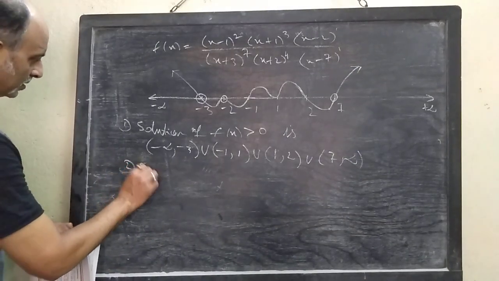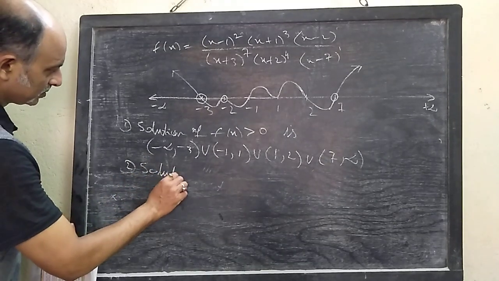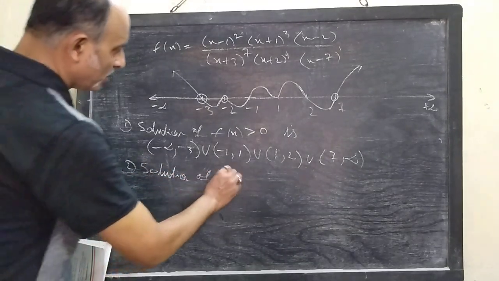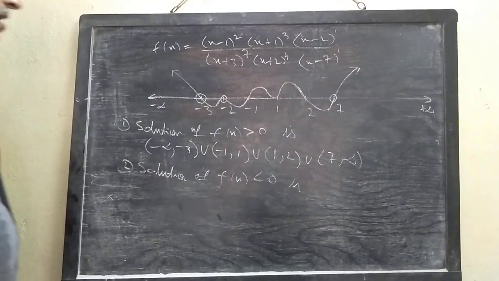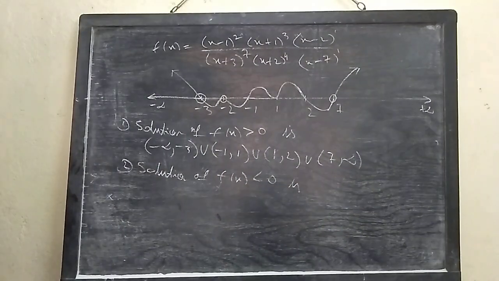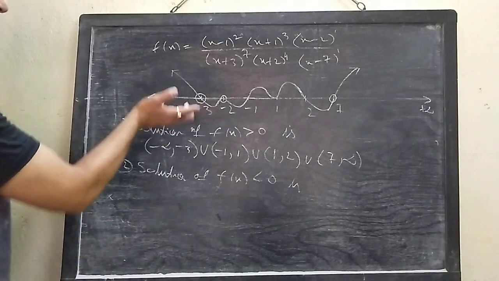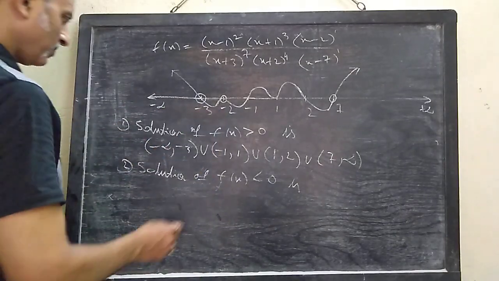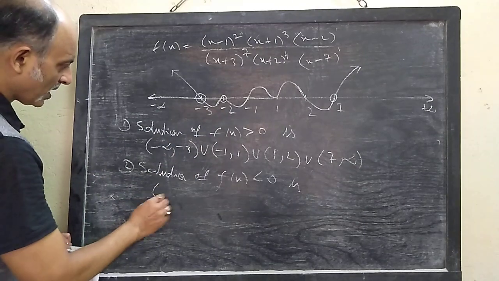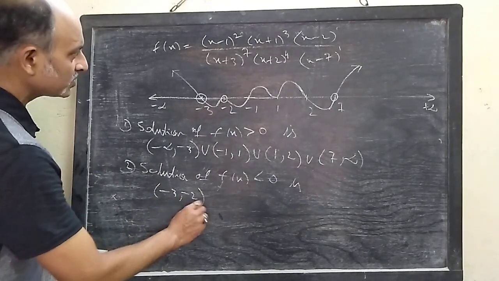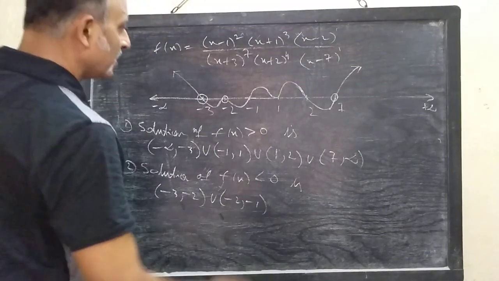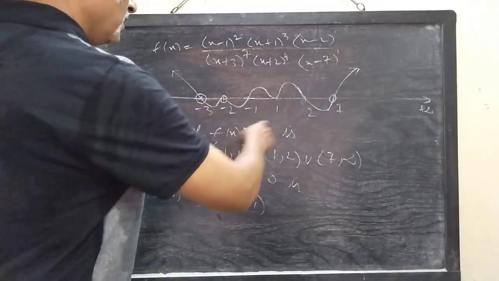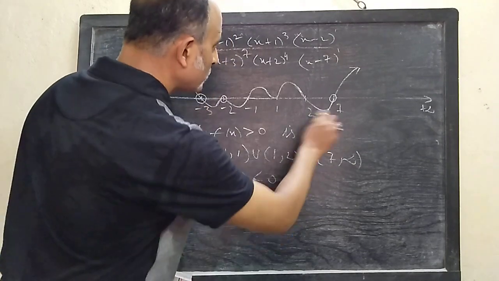Next, solution of f(x) less than 0. Now check in which interval the graph lies below the number line. Here, so this will be minus 3 to minus 2 open, union, then minus 2 to minus 1 open, then union 2 to 7.